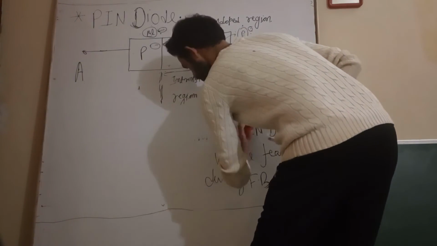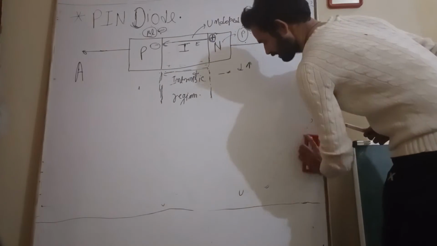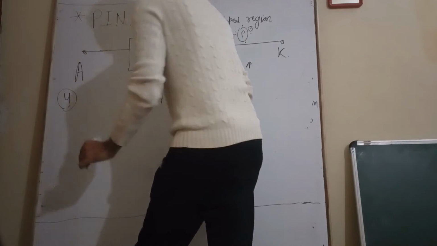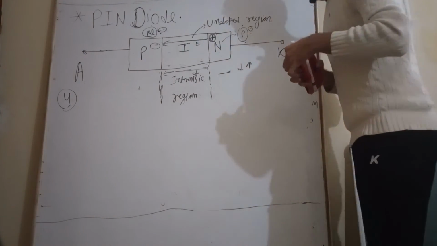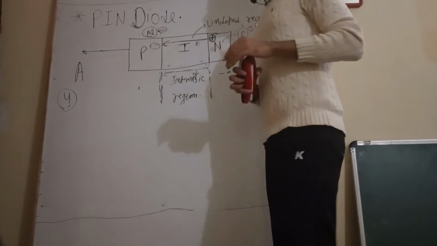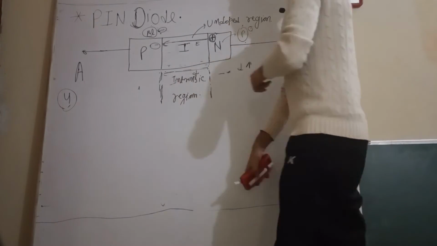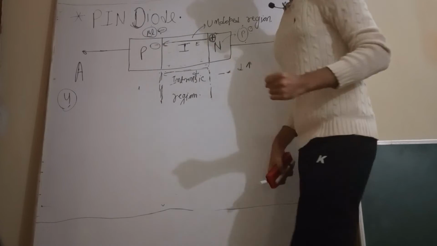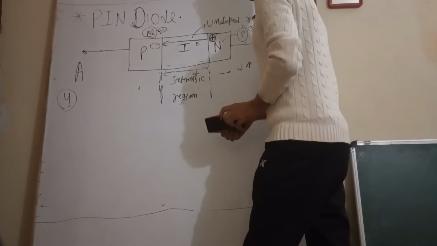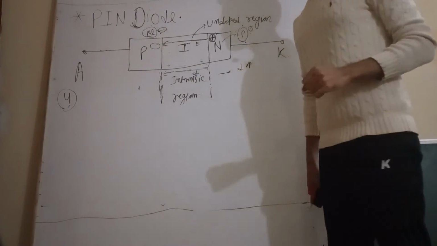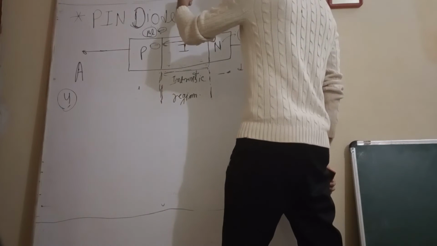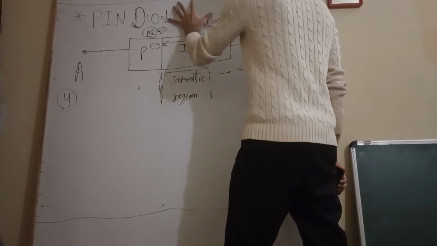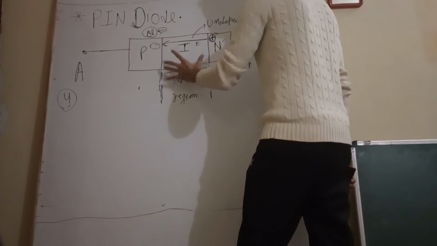Now the fourth one. What is another reason for this intrinsic region? The intrinsic region provides a large area to the radiation, through which the radiation contacts the surface.